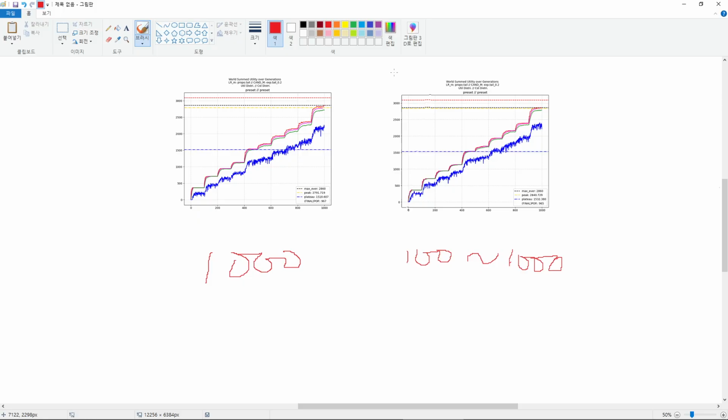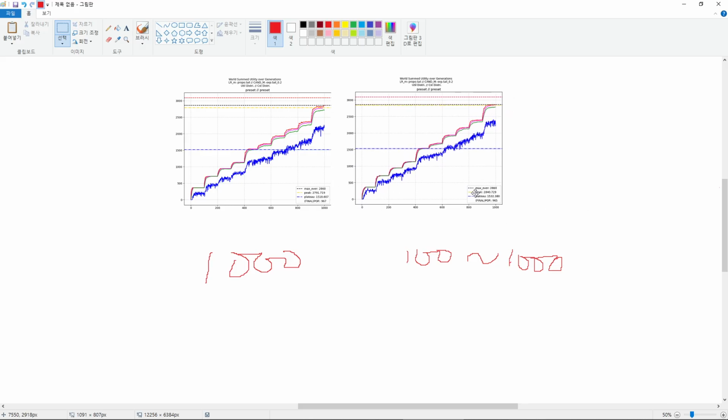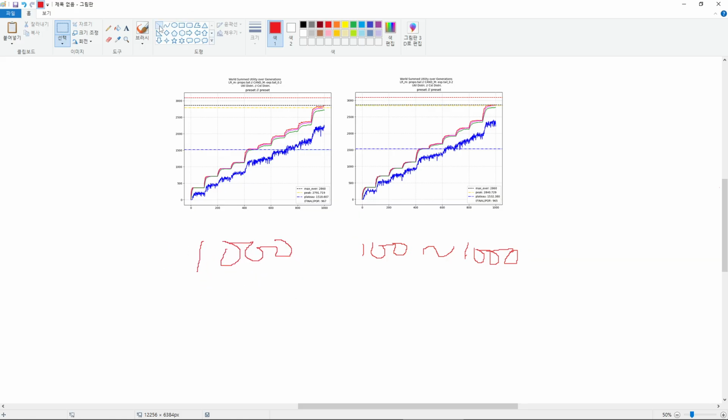So right now these two pictures are on the same scale. I'm going to be very rudimentary: you'll see that for every level, it's higher on the right.